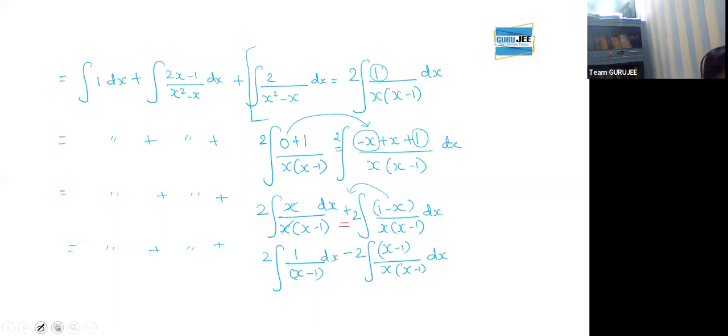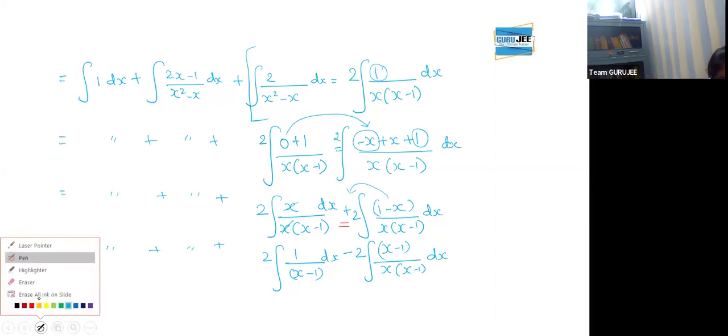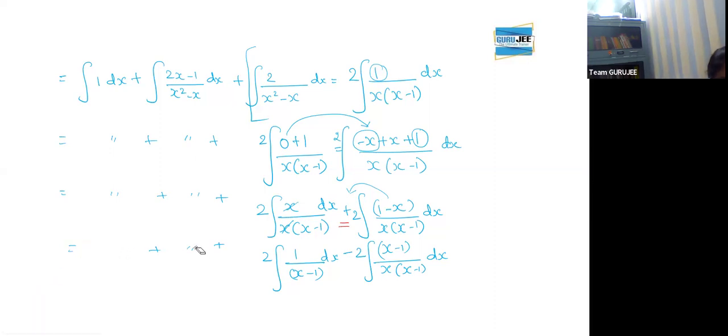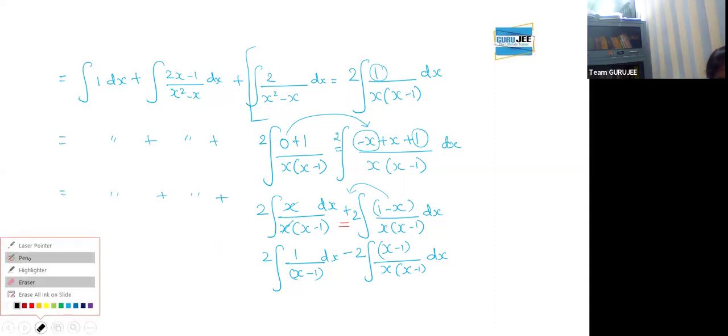Simplify பண்ணலாமா கடைசி ஸ்டெப்? Yes. You time to copy.